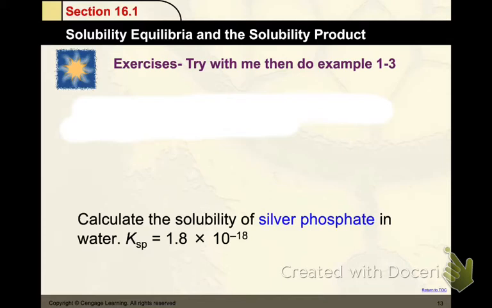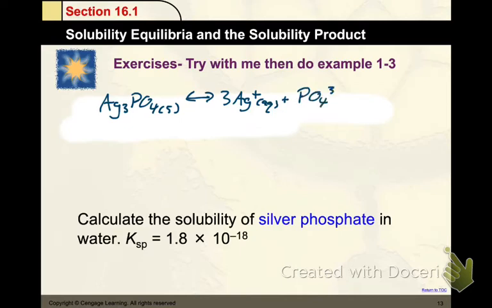So we've got silver phosphate, that would be Ag3PO4 solid, in equilibrium with 3Ag+ and PO4 3-.